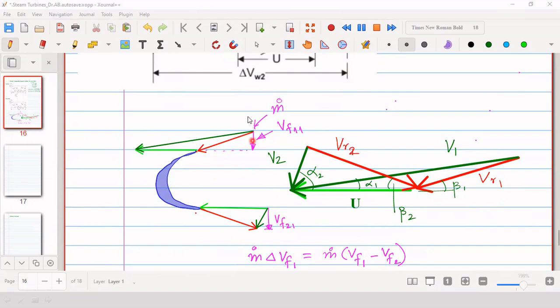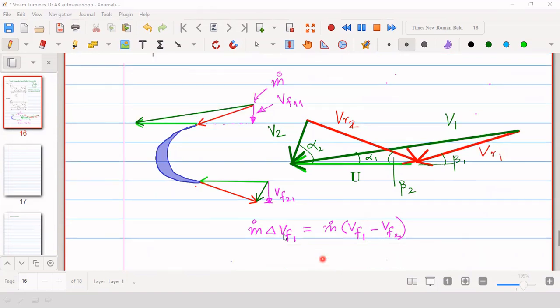That is this momentum minus this momentum, because the fluid is leaving with some kinetic energy and momentum. Therefore the remaining momentum, that is m dot into Vf11 minus Vf21, has been applied to the wheel. So that is called the end thrust. M dot into delta Vf1 is equal to end thrust, that is equal to m dot into Vf1 minus m dot into Vf2. Okay.